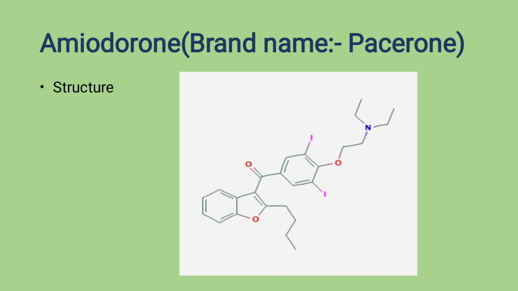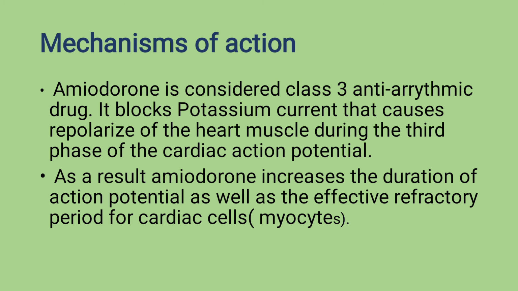Next, amiodarone, brand name Pacerone. Mechanism: amiodarone is considered a class 3 anti-arrhythmic drug. It blocks the potassium current that causes repolarization of the heart muscle during the third phase of the cardiac action potential.